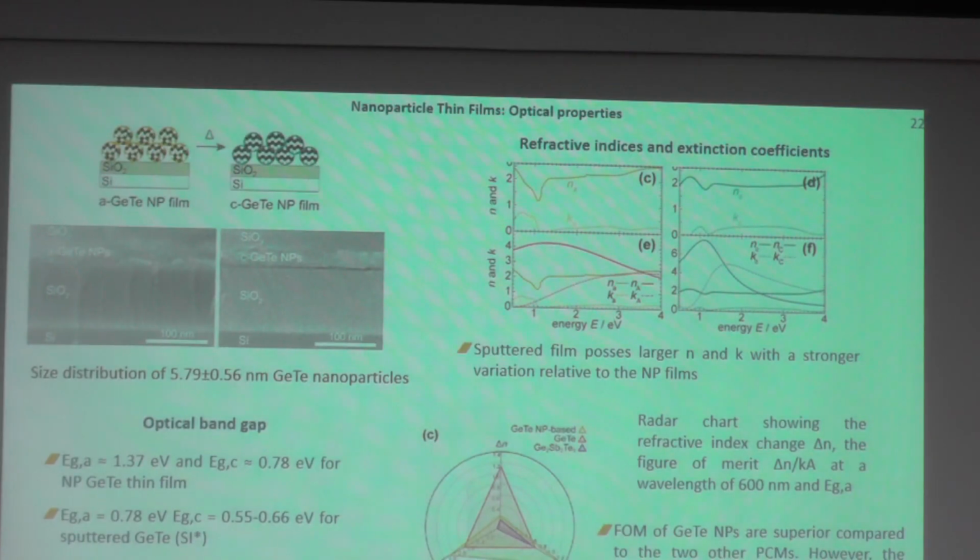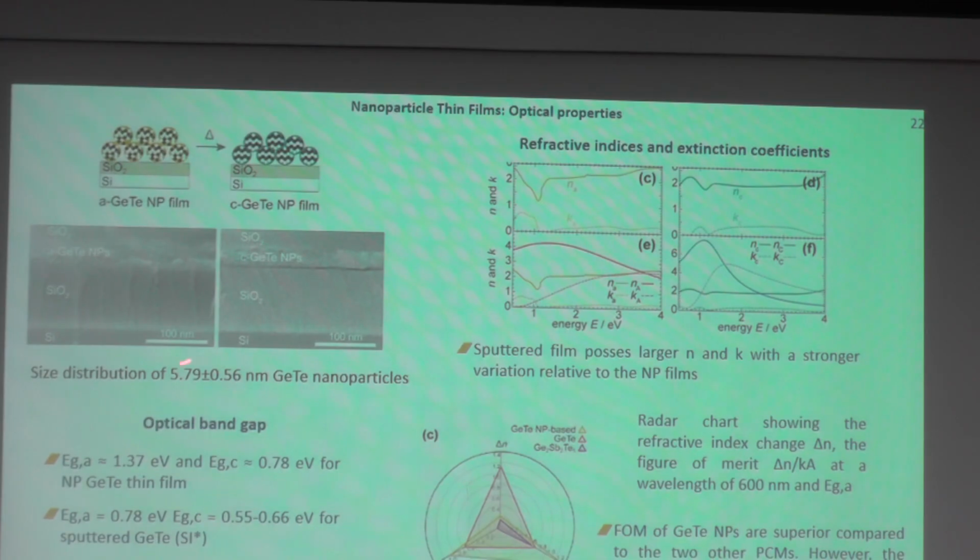Some properties of nanoparticles in film. Such nanoparticles, for example germanium telluride nanoparticles, can be synthesized by a chemical method, and then these nanoparticles can also be formed as a thin film by dispersing them on the substrate, as shown here.